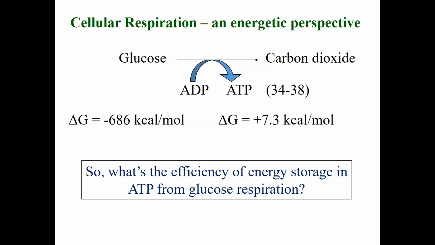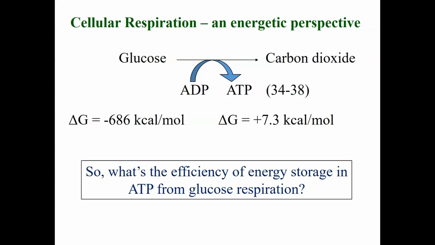And as we're breaking glucose down, we are able to generate somewhere between 34 and 38 ATP. Now, this process is going to take some energy, so we never really make 38 ATP. But let's assume, for the sake of argument, that we can make 34 ATP.